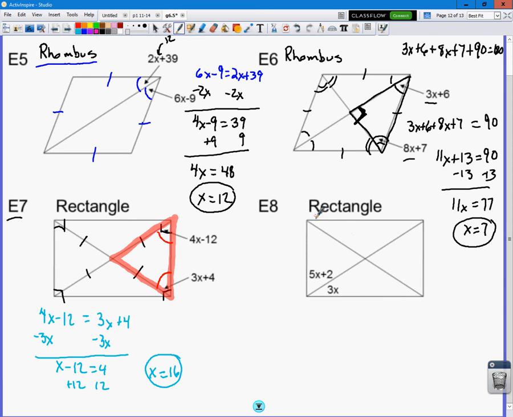In example 8, this is a rectangle. So what do I know about all of the angles? They're all 90 degrees. What am I going to do with these 2 angles then that are here?